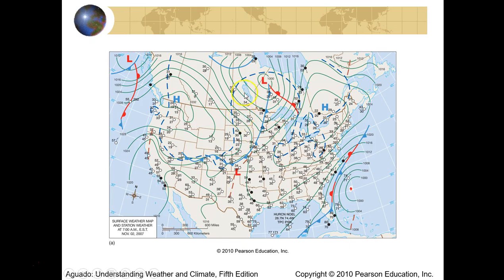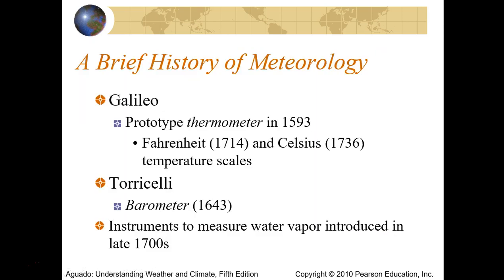And as we go throughout the semester, hopefully you'll get an idea that if you understand how to read this map, you could predict and forecast future weather conditions. And when you start realizing scientists like Galileo have been creating instruments to study temperature, and Torricelli has been creating instruments to measure air pressure for hundreds of years, many of the tools that we are using today have been around for centuries, and we're still using tools that predate America as a nation.